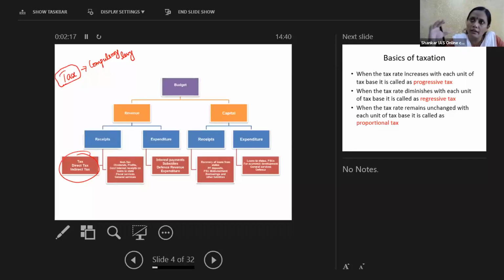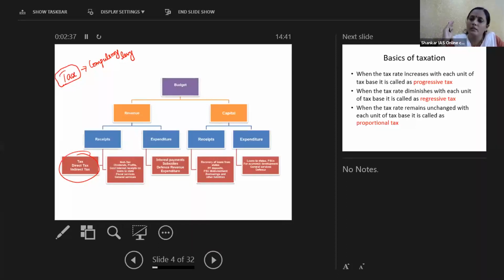So this is like responsibility sharing by business people to pay, and whoever is earning a particular amount of income and above, we have to pay taxes to the government.